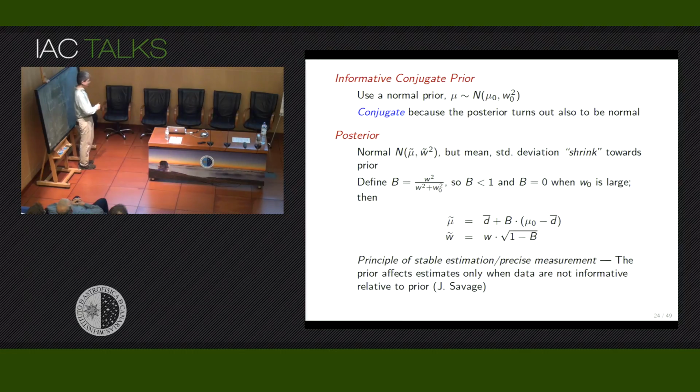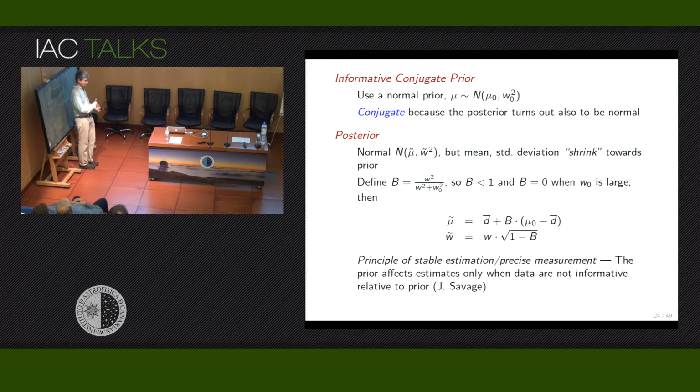Jimmy Savage, a very famous Bayesian statistician from the mid-20th century, liked to make note of the fact that as long as the prior scale, W naught, is significantly larger than the likelihood scale, W, then b will be near 0, and this term here will be small, and this term here will be near 1.